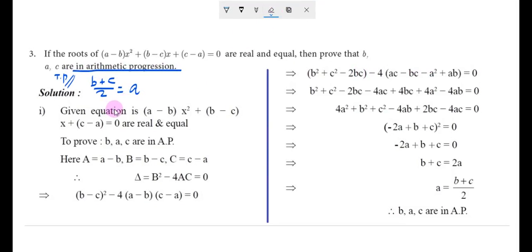Now the given equation is (a minus b)x square plus (b minus c)x plus (c minus a) equal to 0. The roots are real and equal.